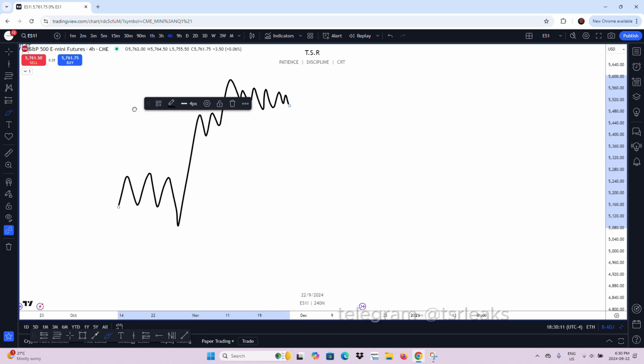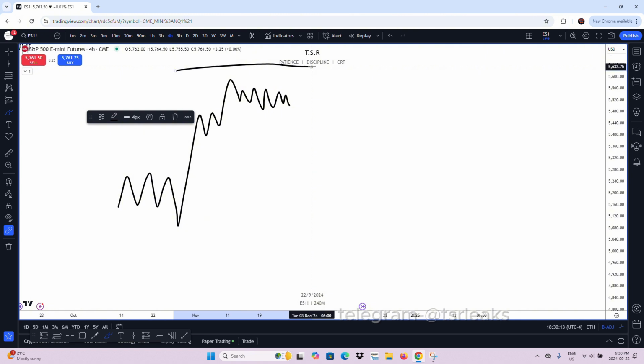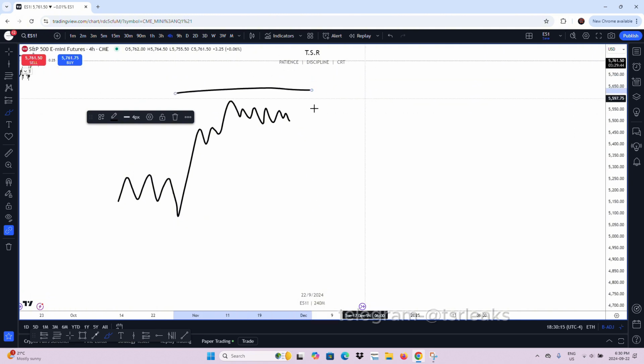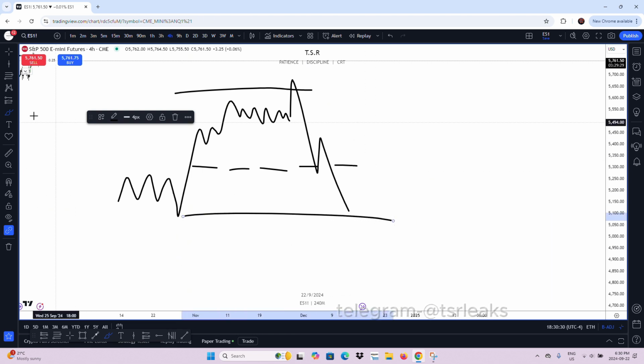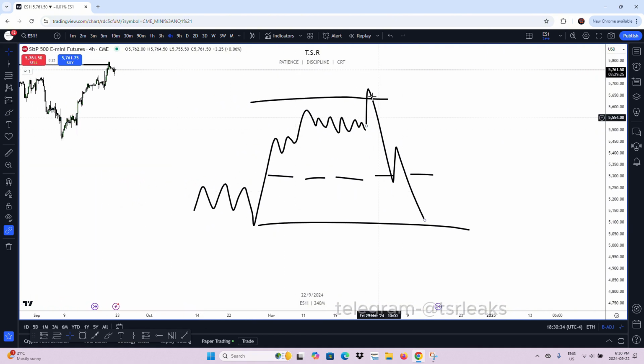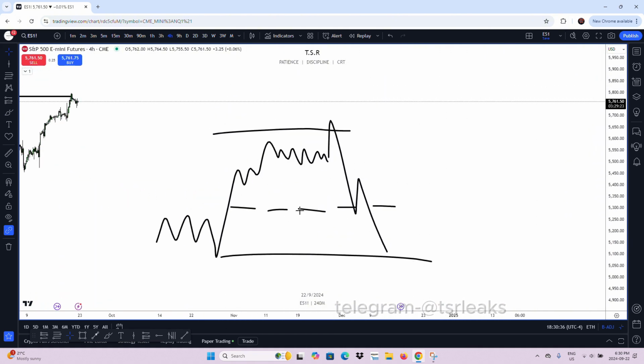If there is a key level above price, price will range below the key level, manipulate the high of the key level, and expand lower, targeting the midpoint of the range and then the opposing end of the range. Very straightforward, very simple. This is exactly what I showed in the previous example, a range below a key level.